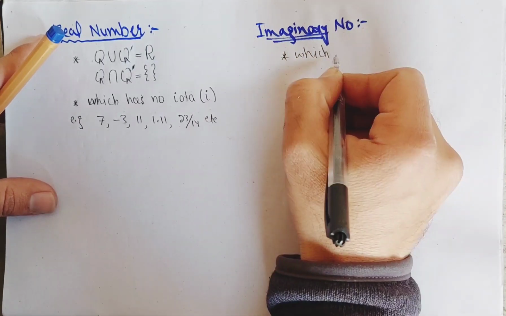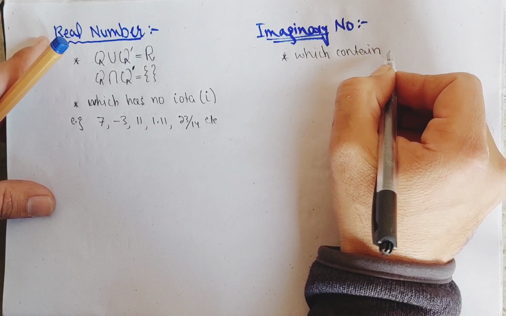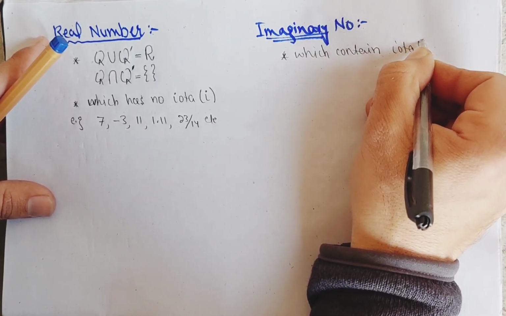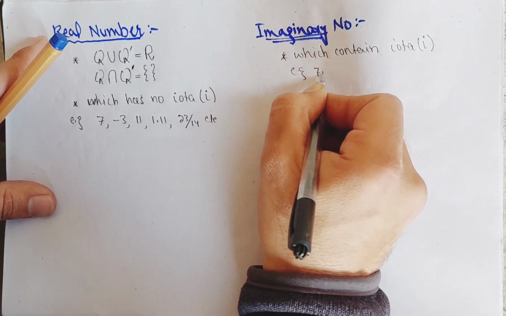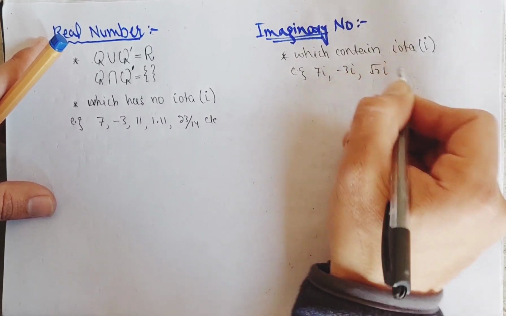What is iota? I will explain it. Don't worry. For example, 7 iota, minus 3 iota, under root 3 iota. अगर ये iota किसी नंबर के साथ हो तो उसको इमेजिनरी नंबर कहते हैं.